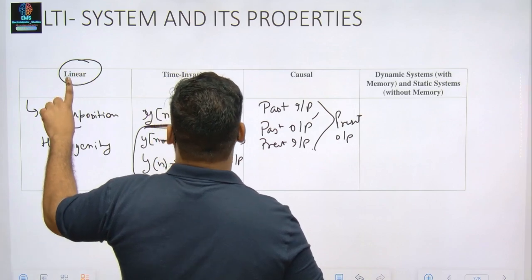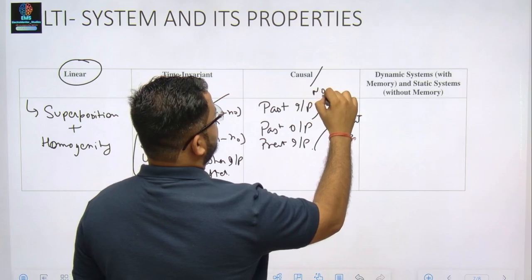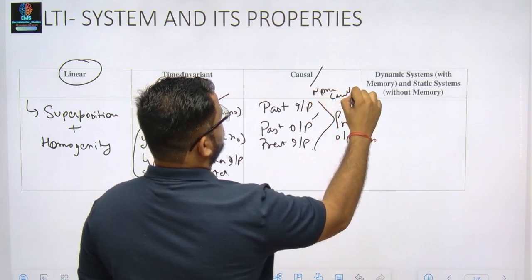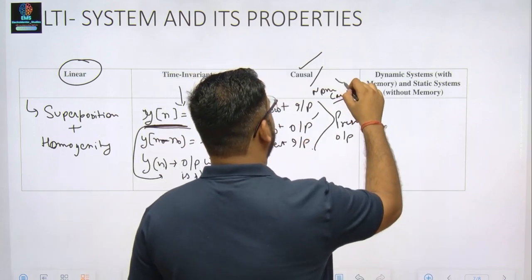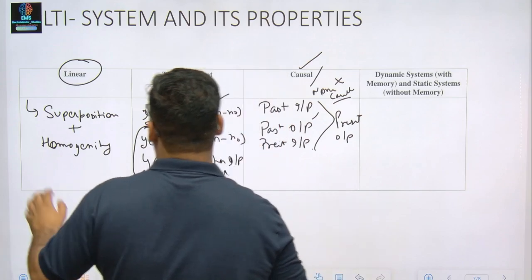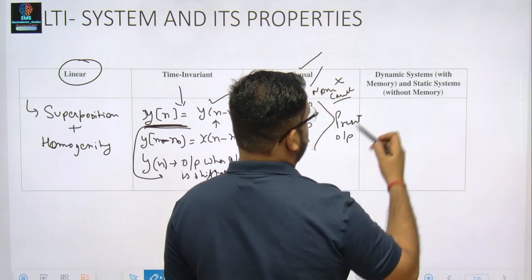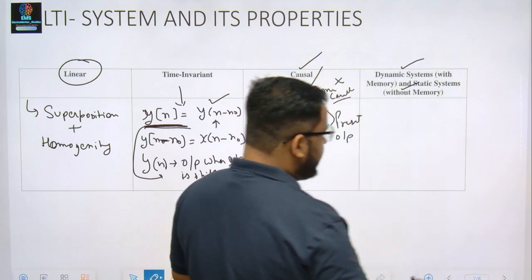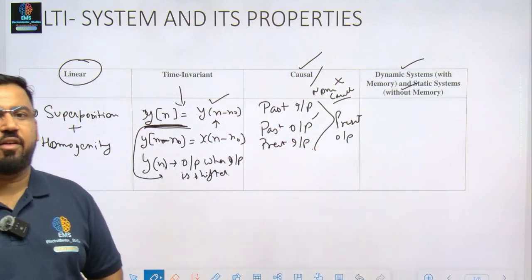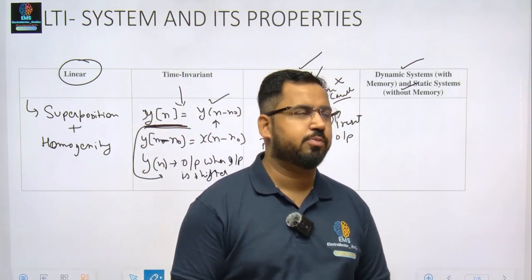But remember, an LTI system can be causal and can be non-causal. If it is a causal system, then it is definitely realizable. If it is non-causal, it is not realizable. So all these come to the properties of my LTI system. It can be dynamic, can be static. These are the properties which we generally refer to when we are asked what are LTI systems and to write down their properties.